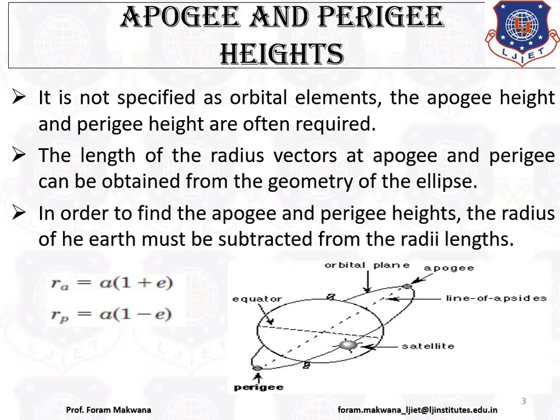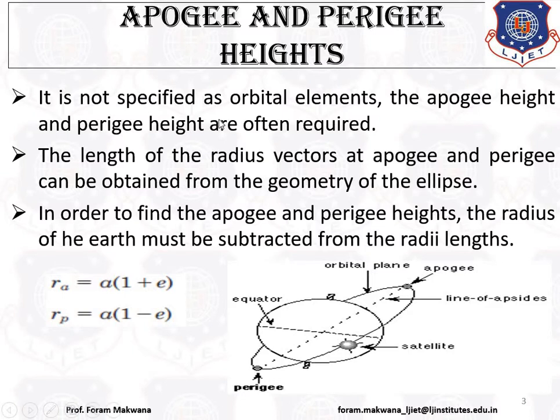As per the orbital elements, there are a total of 6 orbital elements: semi-major axis, eccentricity, argument of perigee, right ascension of ascending node, inclination angle, and the mean anomaly. But out of these 6 orbital elements, the apogee and the perigee heights are not specified, but they are often required.